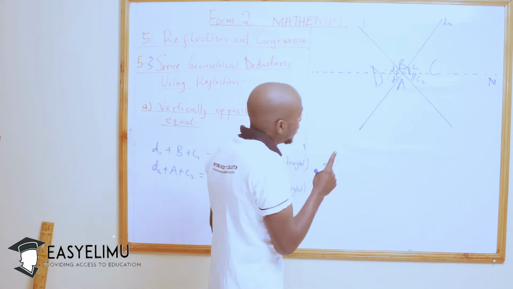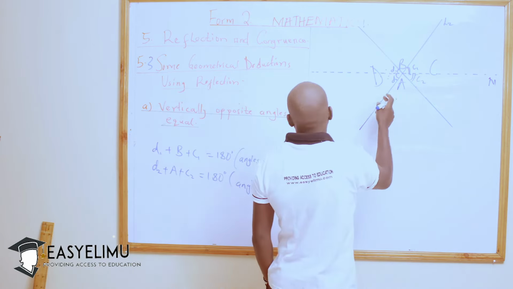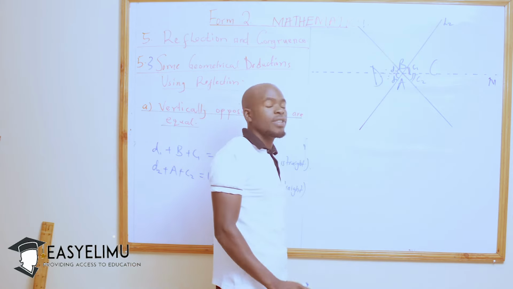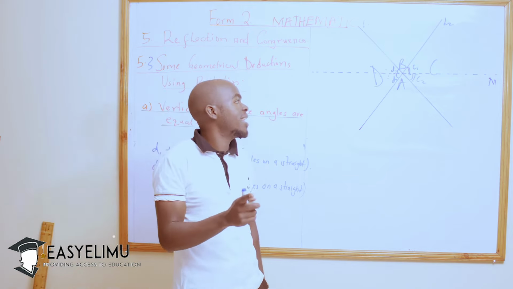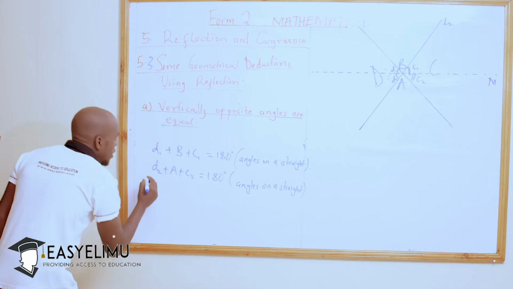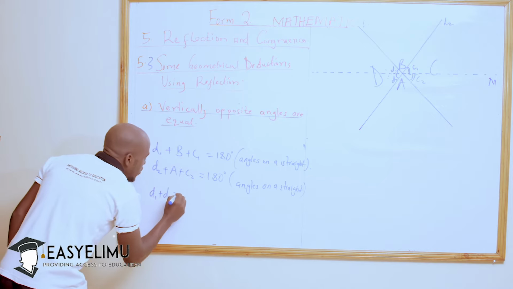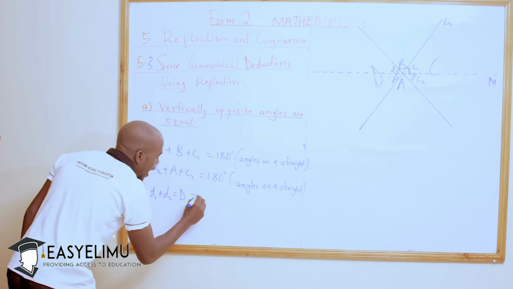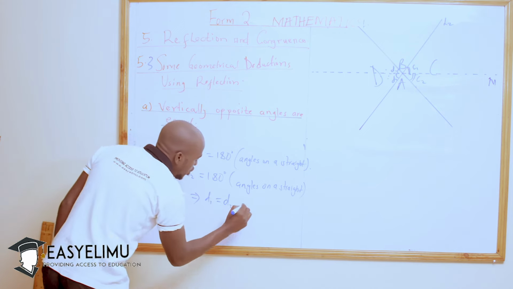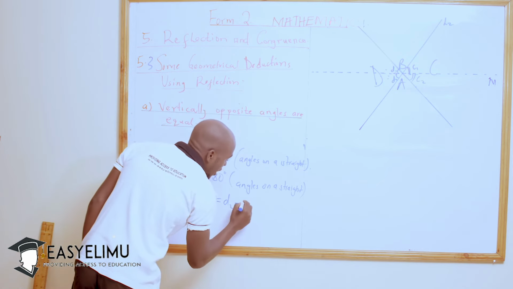But remember one thing: D1 and D2 are equal because the mirror line is cutting angle D into two equal parts. Therefore, D1 plus D2 is equal to D, implying that D1 is equal to D2, and we see that by the mirror line, that is by reflection.